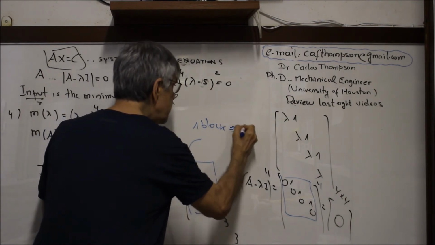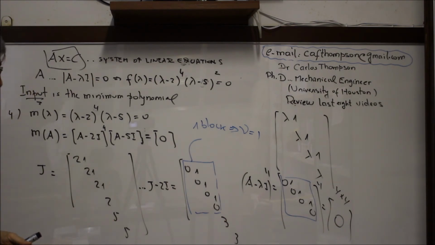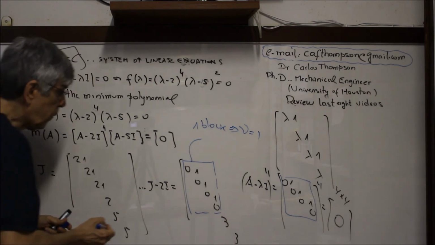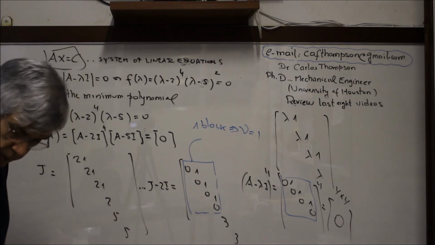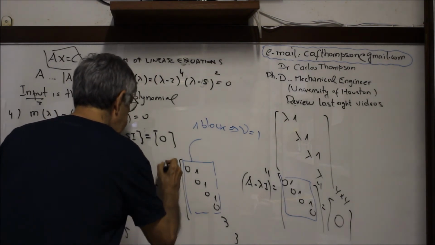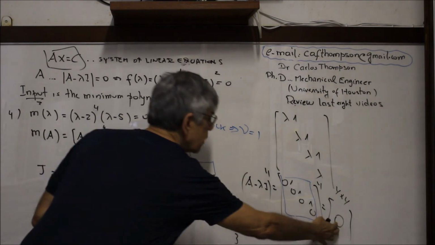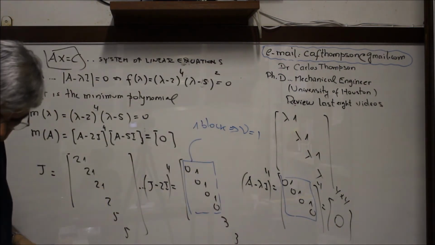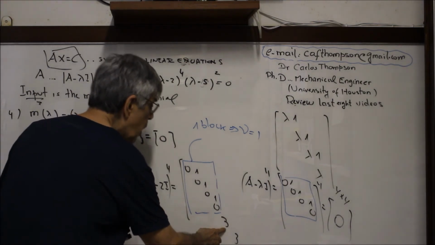Then I can write mi is equal 1. Okay? Now, if I put the exponent to the power 4, this here will be 0. Okay? From here, this will be 0. And 3 to the power 4 is 81.